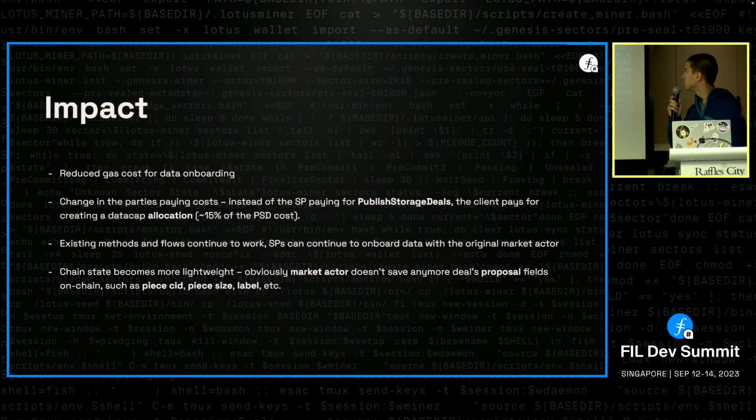Also, chain state becomes more lightweight, given that the market actor is no longer going to be operated with. You no longer need to be storing on-chain data such as PCID, psize, label, etc.